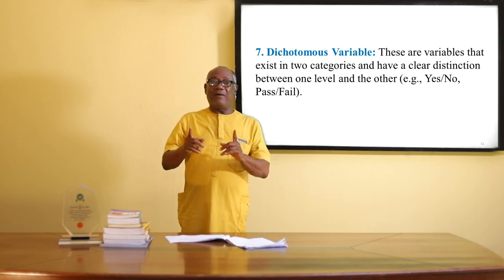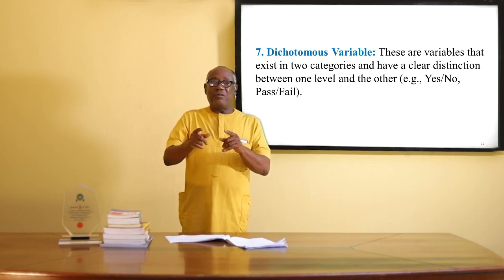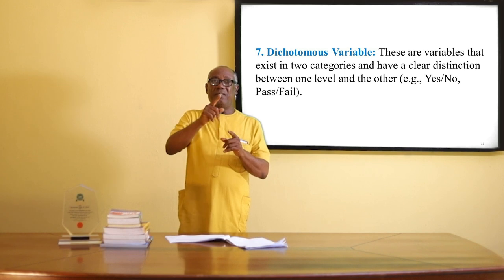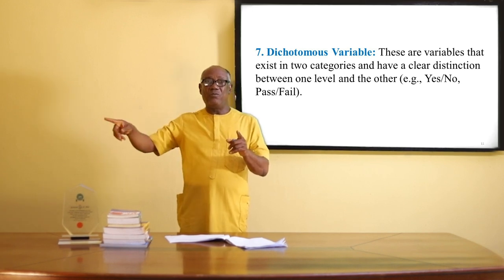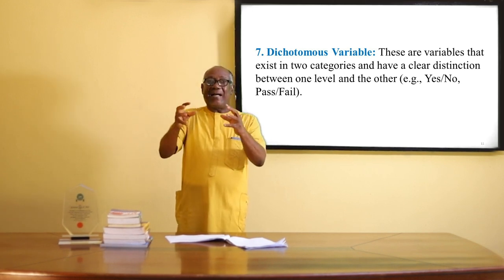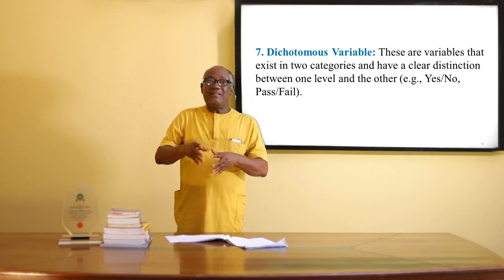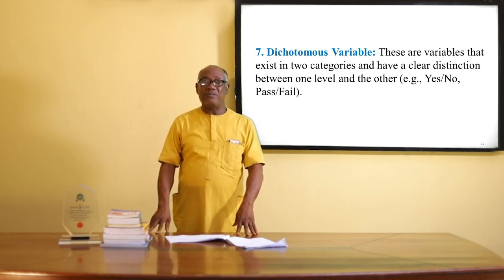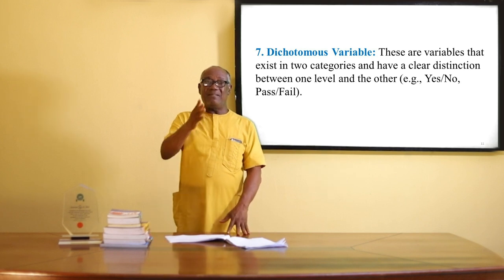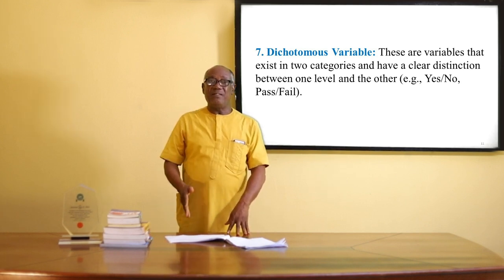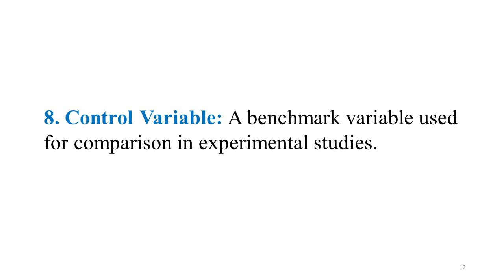For example, when you have a questionnaire whose response option is showing yes or no, the data collected from such a questionnaire is described as dichotomous variables because there is a clear demarcation between yes and no.